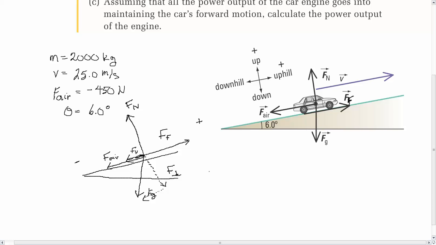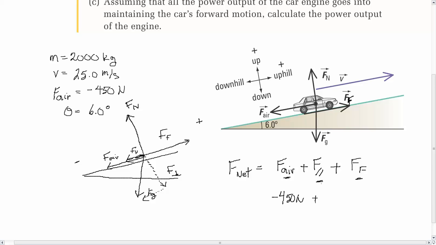And that takes us to the place where we can add the forces acting along the plane: the force of the air resistance, plus the component of the force of gravity acting parallel to the plane, plus our forward force. Now, these two are negative because they're acting down the plane, and the forward force is positive, it's acting up the plane. So we can substitute in, we have negative 450 newtons.